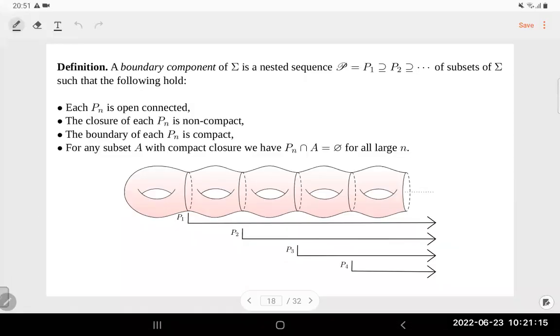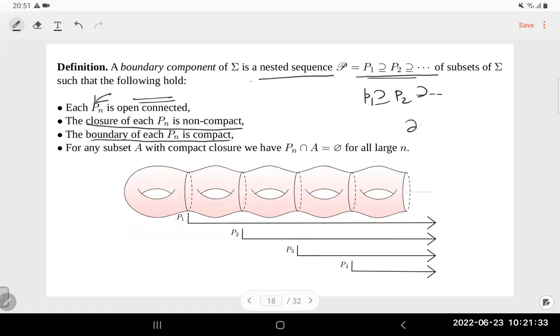So a boundary component is a decreasing nested sequence P1, P2, and so on, such that each Pn is open and connected, the closure of Pn is non-compact, and the boundary of each Pn is compact. Boundary means just the topological boundary. And for any compact subset A, Pn eventually doesn't intersect with A.